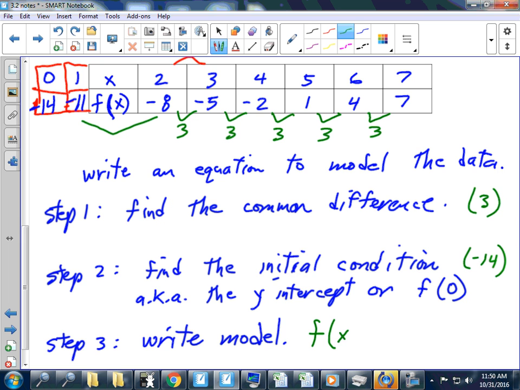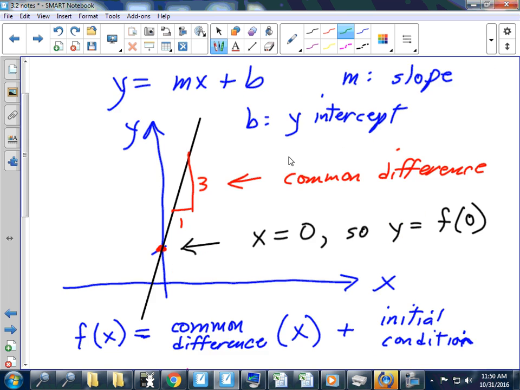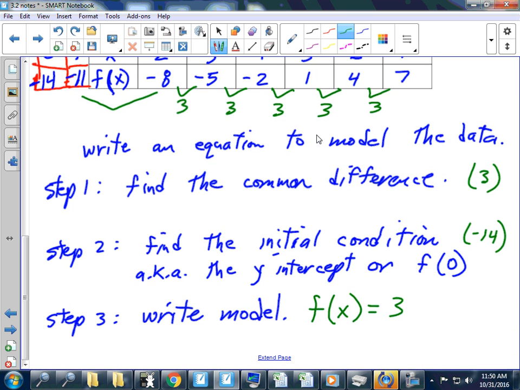F of x equals 3. Remember, this is going to be a linear equation in this form right here. Let's put it together. F of x equals 3. Leslie, can you help him out?